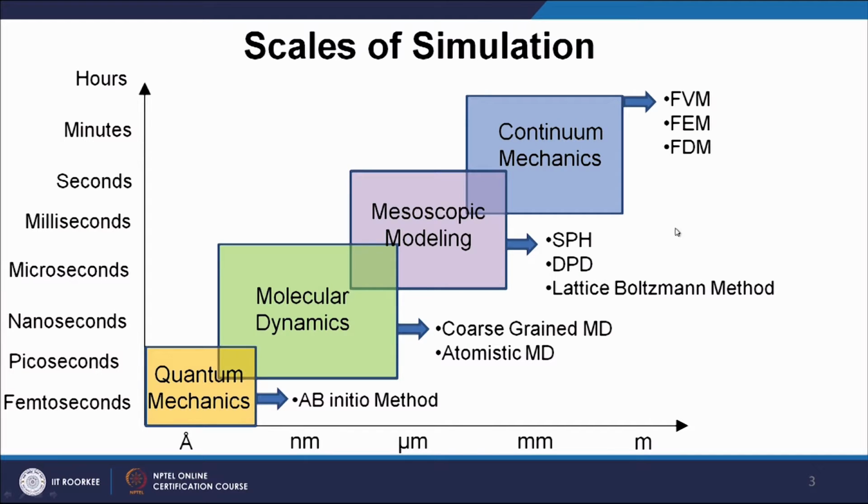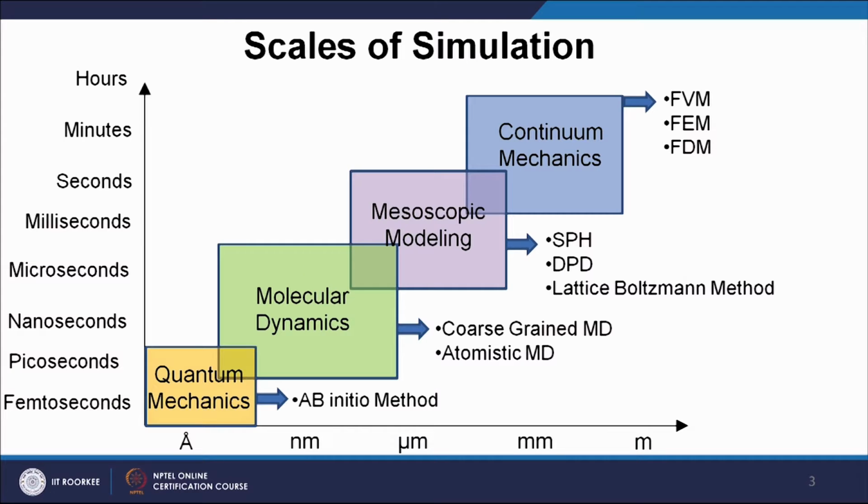In previous few lectures, I have shown you some mesoscopic technologies like smoothed particle hydrodynamics and the lattice Boltzmann method, LBM. There are a few more, like DPD, dissipative particle dynamics. Now, in this lecture we will be concentrating on this green block, where we will be understanding the molecular features of matter.